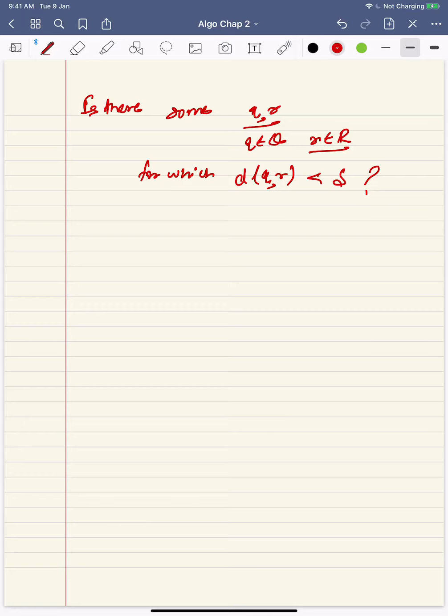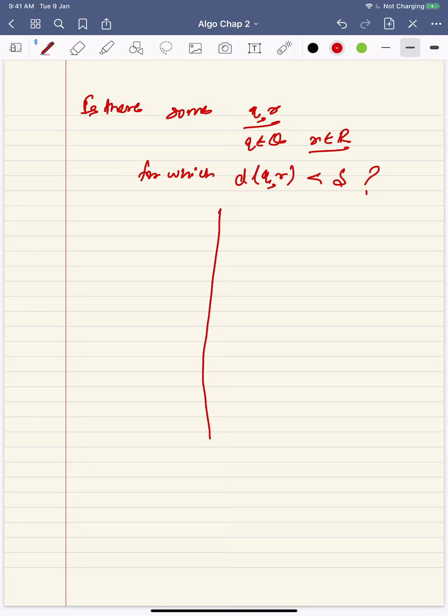Now as we argued, there can be many points, but let's make it more precise. Suppose there have to be some points across the boundary. Where can they lie?